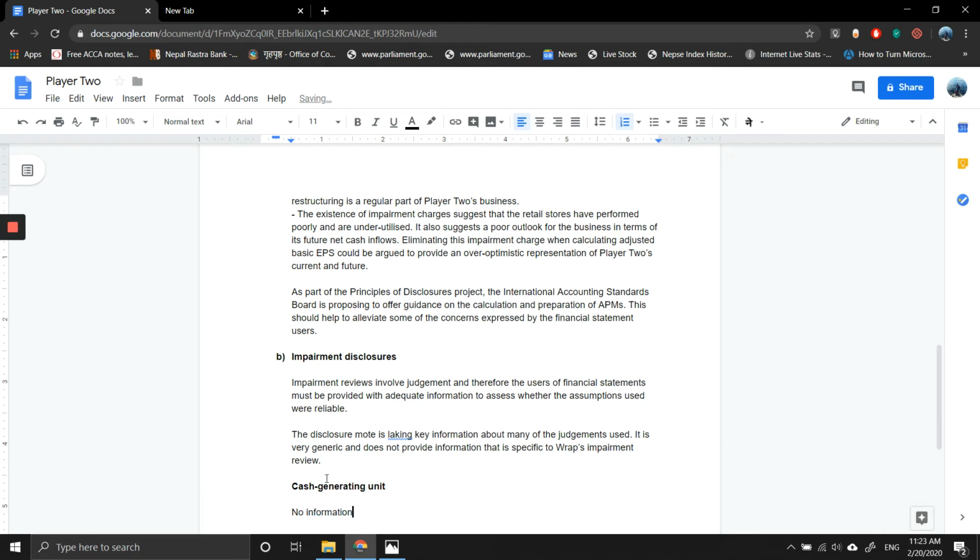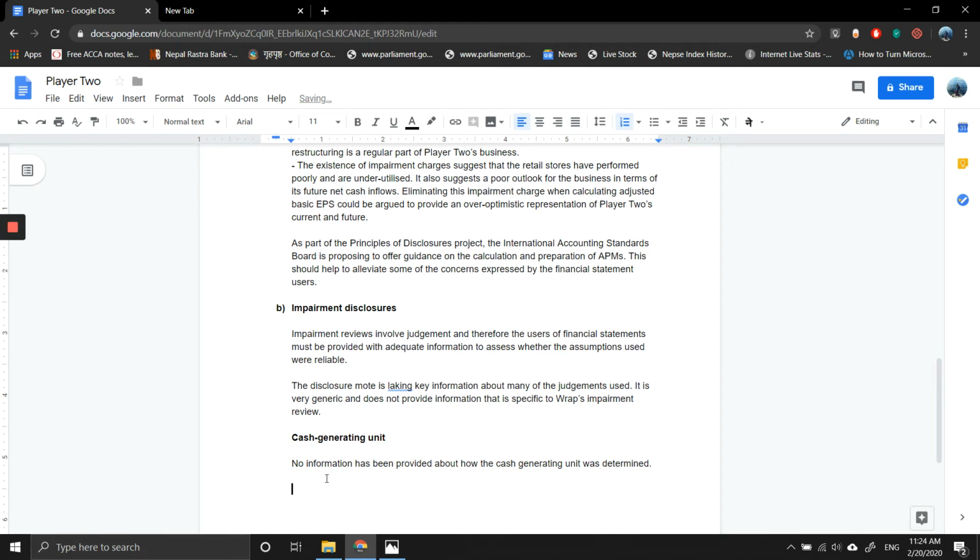No information has been provided about how the cash generating unit was determined, right?